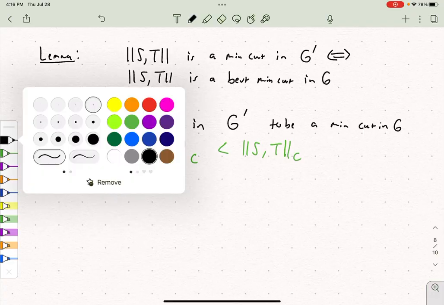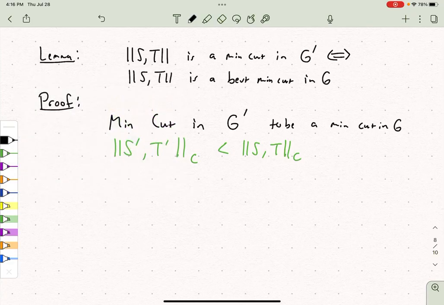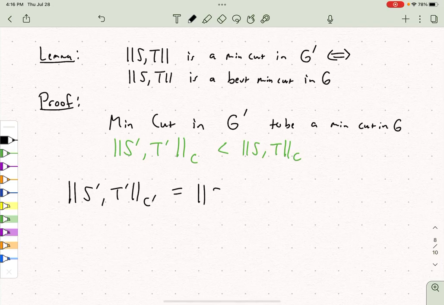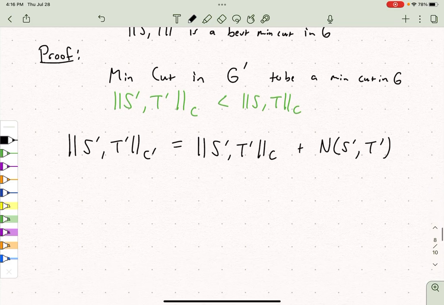So what does this mean? Well, that means if we consider just capacity with respect to C prime, so we have S prime, T prime. With respect to C prime, this is going to be the capacity of S prime, T prime with respect to C times M plus some number of edges, S prime, T prime. Now, what do we know about this?